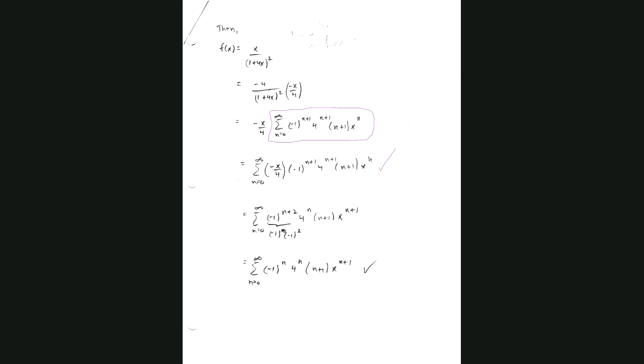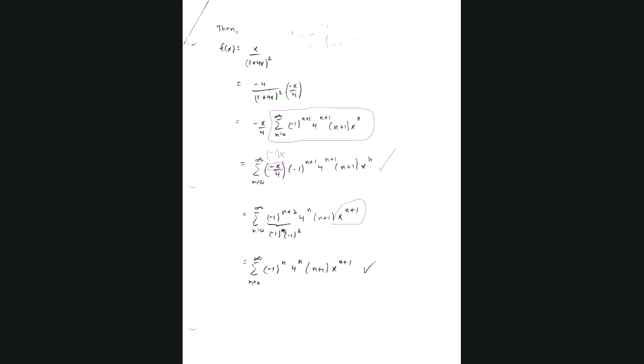Okay, well, so negative x is equal to -1 times x. So -1 times -1 to the n plus 1 is -1 to the n plus 2, right? Because, and then that x there times x to the n is x to the n plus 1.